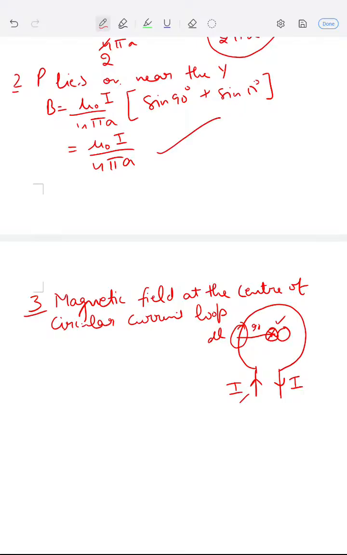From the small length of the conductor dl to the point O, the distance is r.